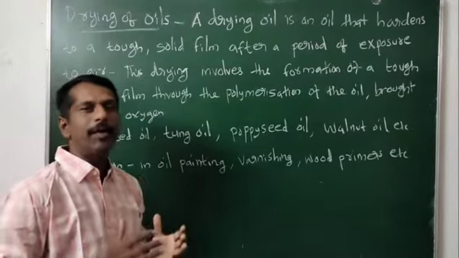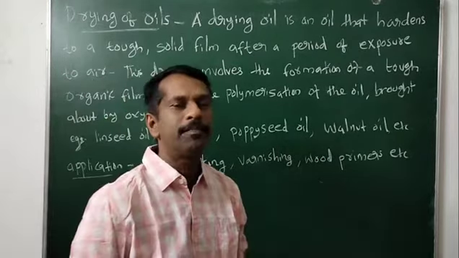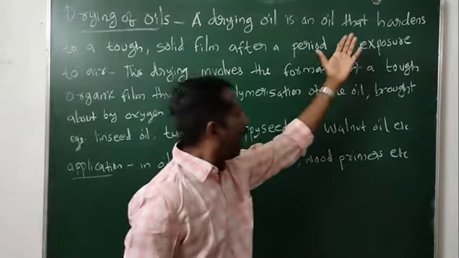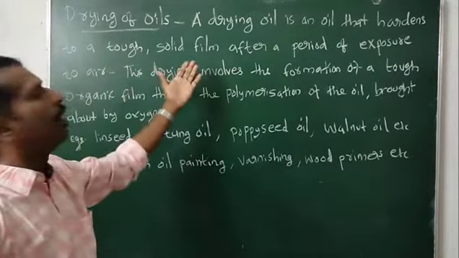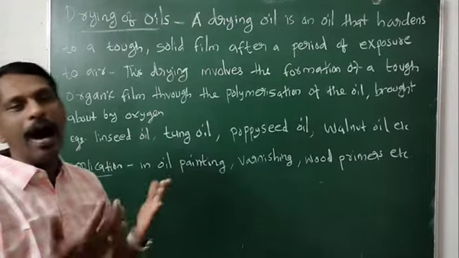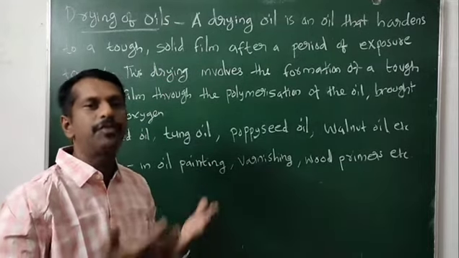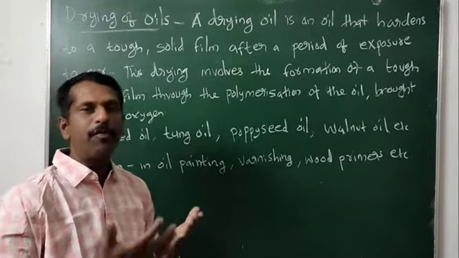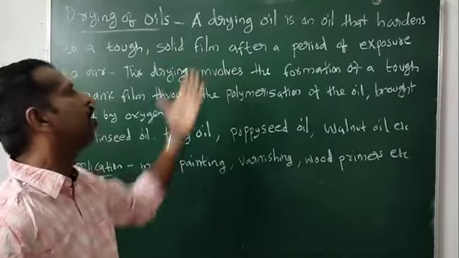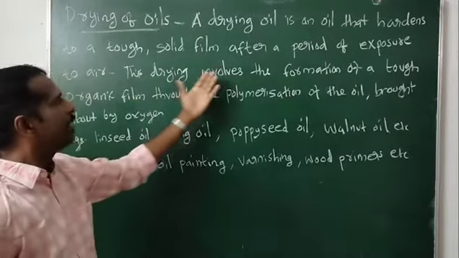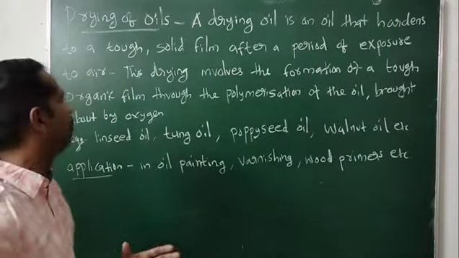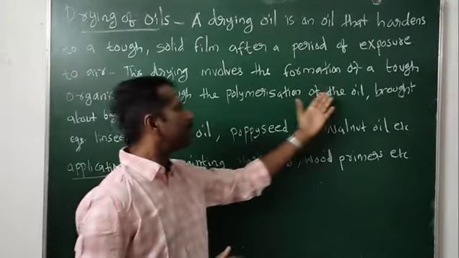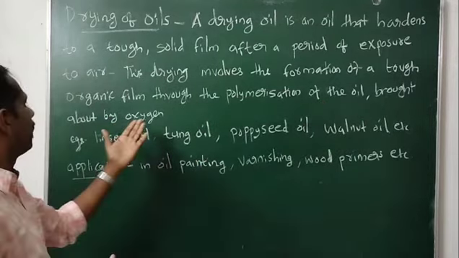When this oil is exposed to air, it will become hardened and form a tough solid film. That type of oil is known as a drying oil. This drying involves the formation of a tough organic film through the polymerization of the oil brought about by oxygen.